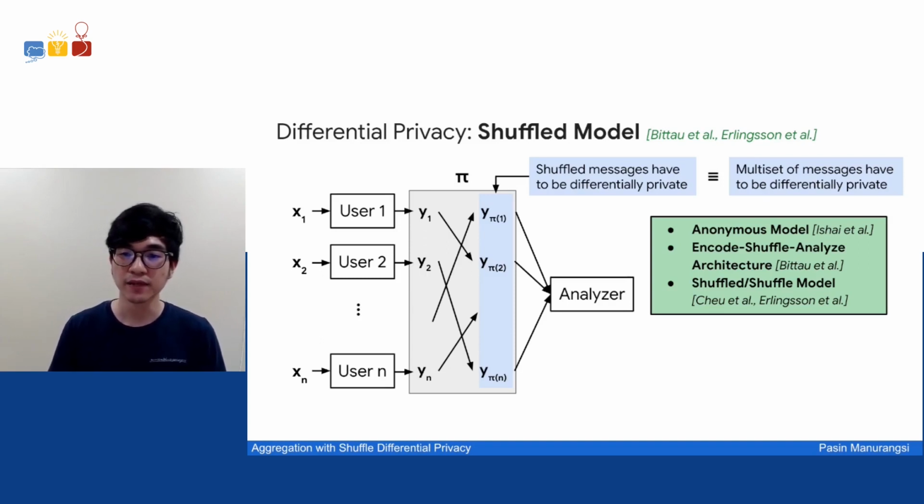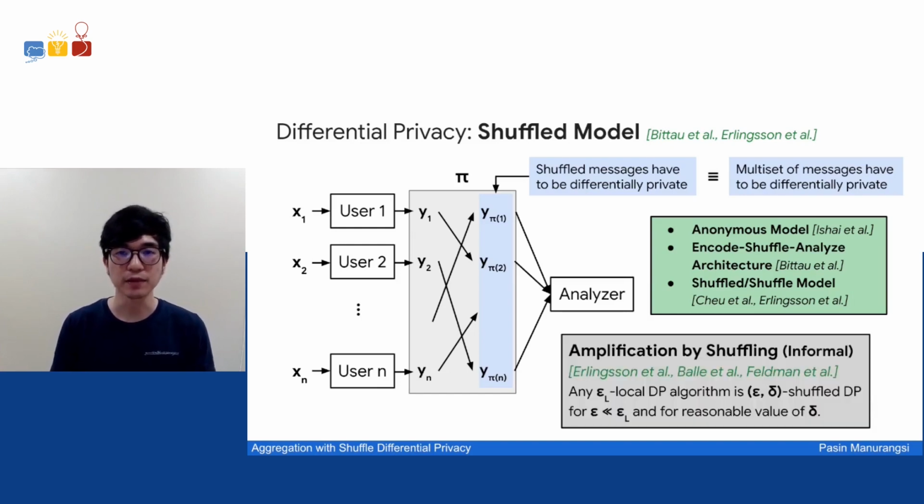One of the fundamental and very powerful theorems regarding the shuffle model is the so-called amplification by shuffling theorem. This theorem, roughly speaking, says that if you take a local DP algorithm and run it instead in the shuffle model, then you get for free an amplification in differential privacy.